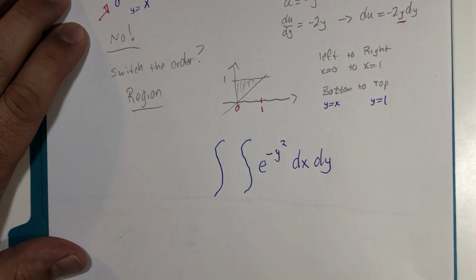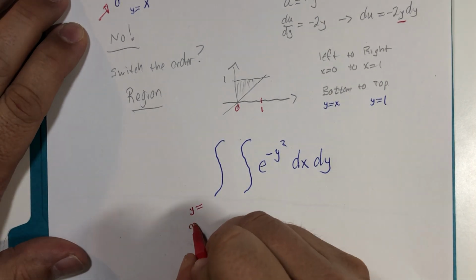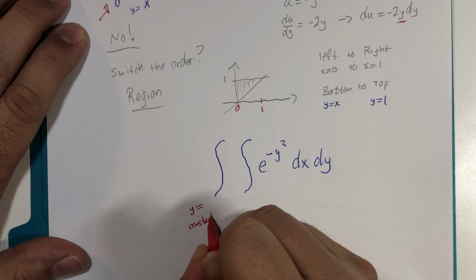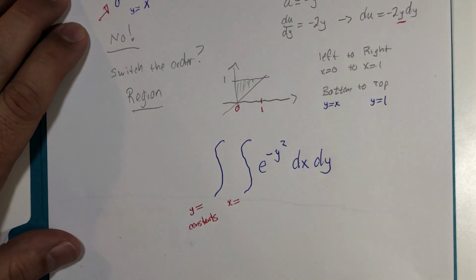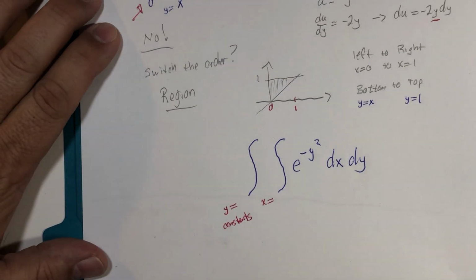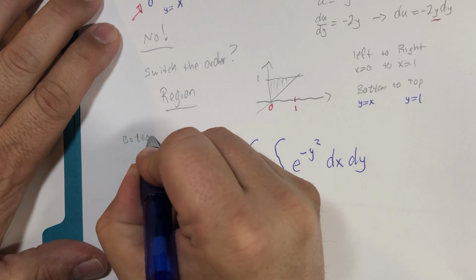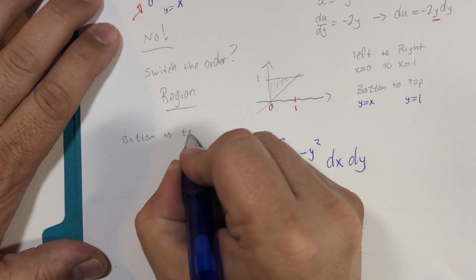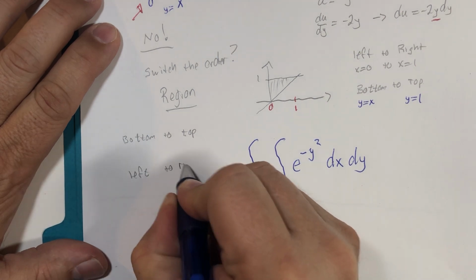These would be y equals, and they should be constants. These would be x equals. They can be variable. I'm still going to be looking at this from bottom to top and from left to right.